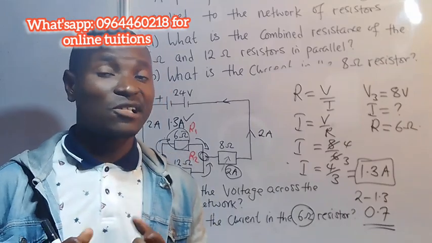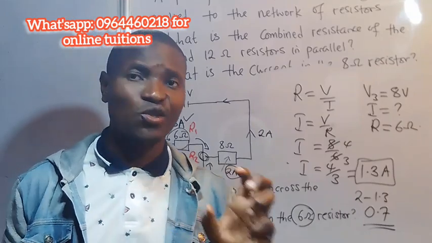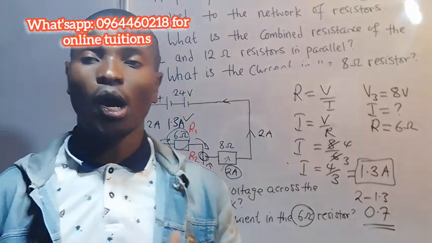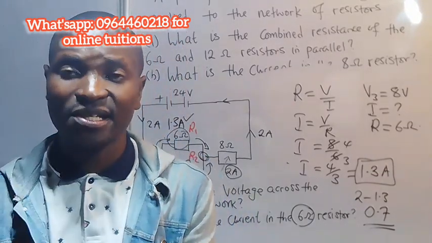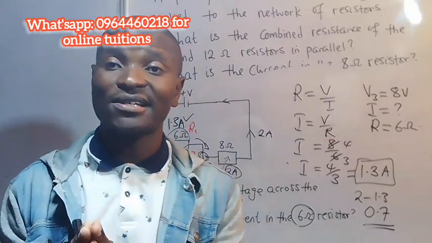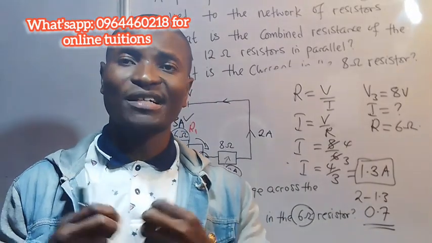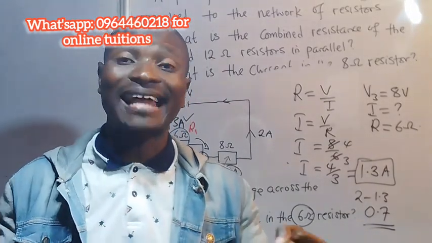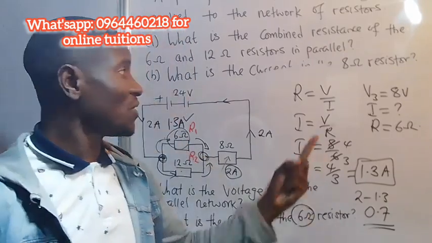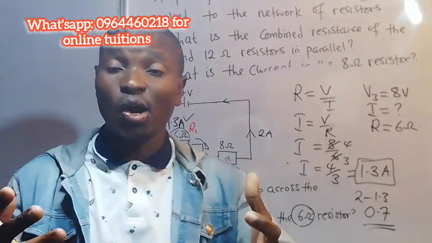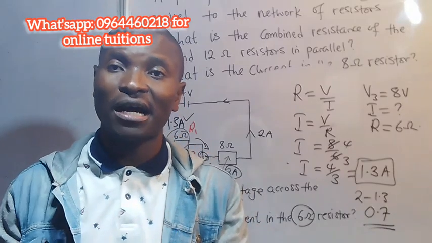Remember, it is very easy and straightforward once you understand the basic principle of circuit analysis and understand what is resistance, what is current, what is voltage. When you understand these three terms, that forms what we call Ohm's law, which is resistance is equal to the voltage divided by the current.